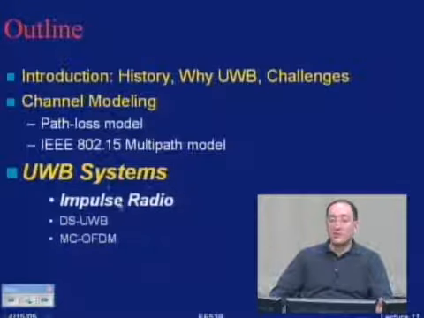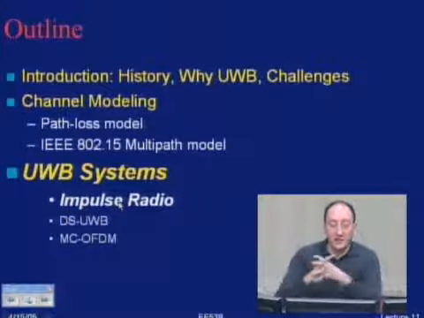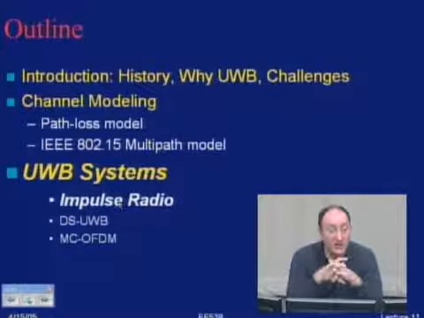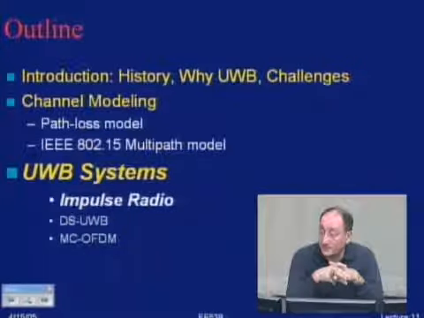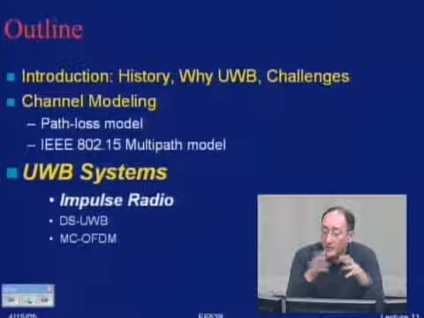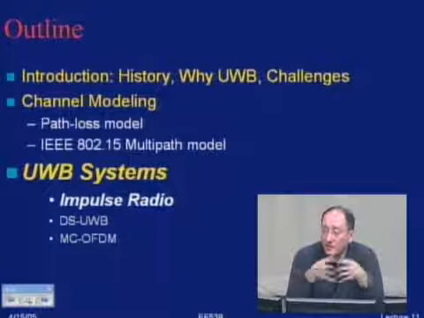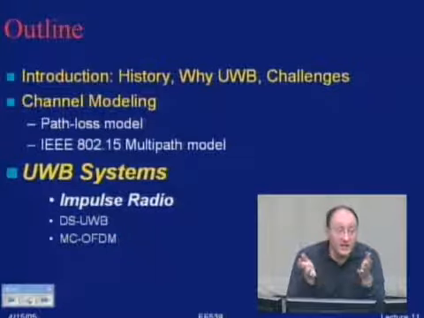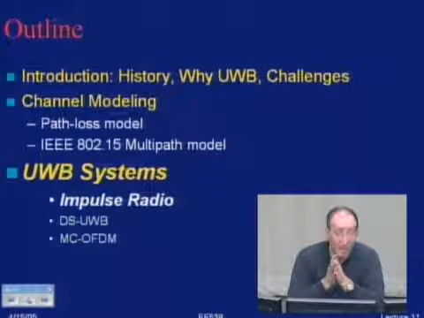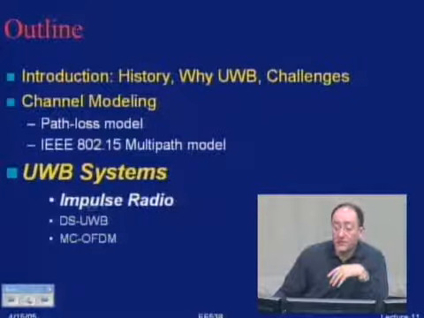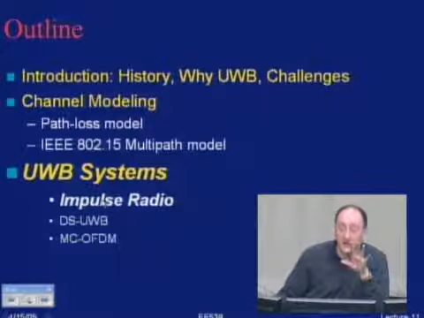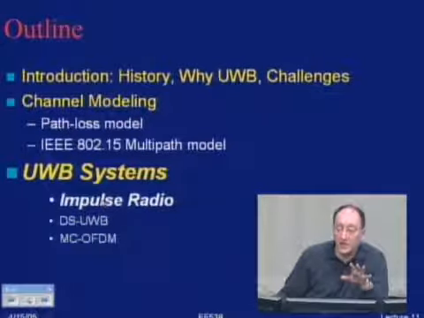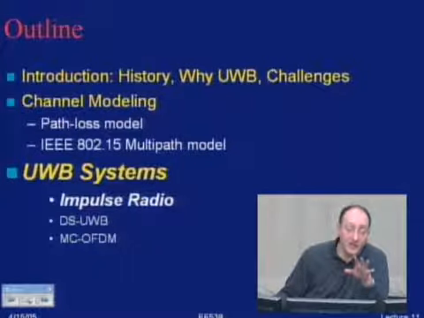Because impulse radio, as we talked about earlier, was a phenomenon of the 1950s. And wireless information networks started in the 1980s. But for impulse radio, the required bandwidth was not granted by the FCC.